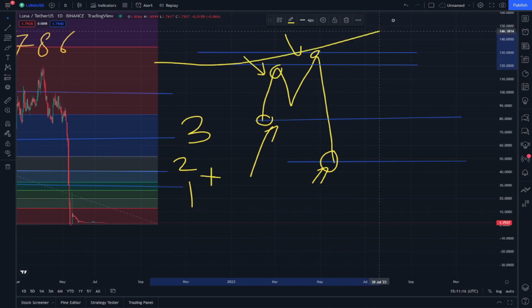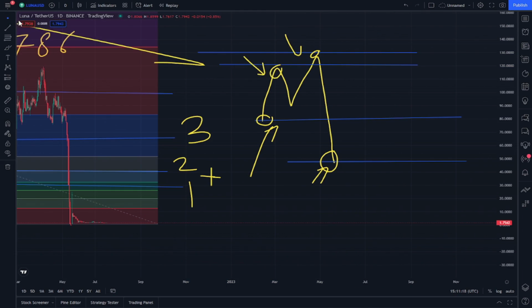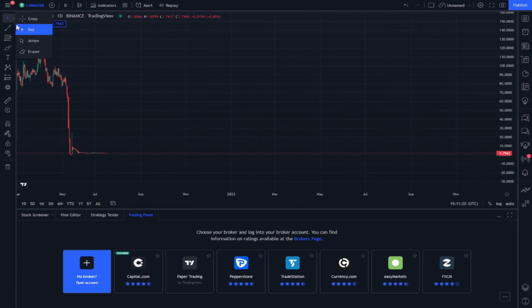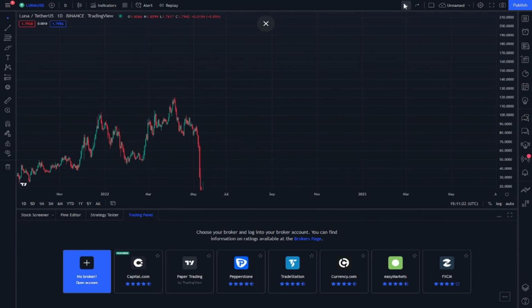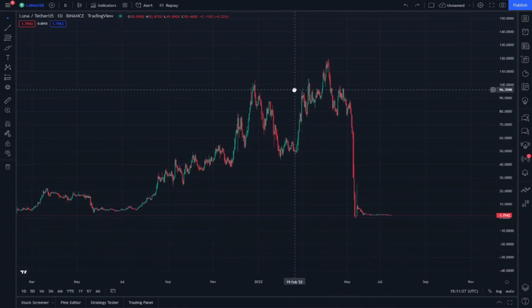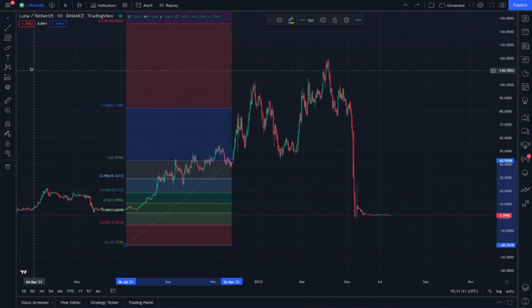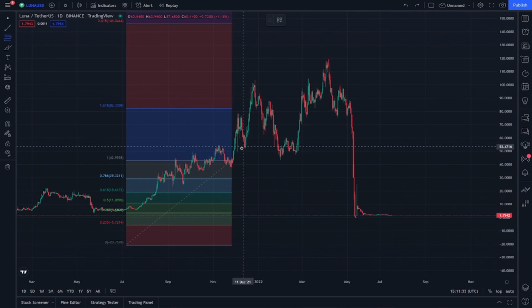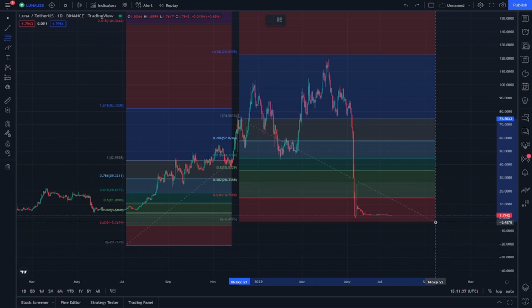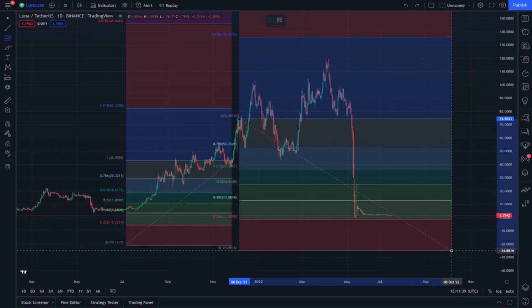So we can make some applications on these things. If we put this, okay, we would return, and again we have to put it on supports and here on resistances. Let's see what's going to happen.